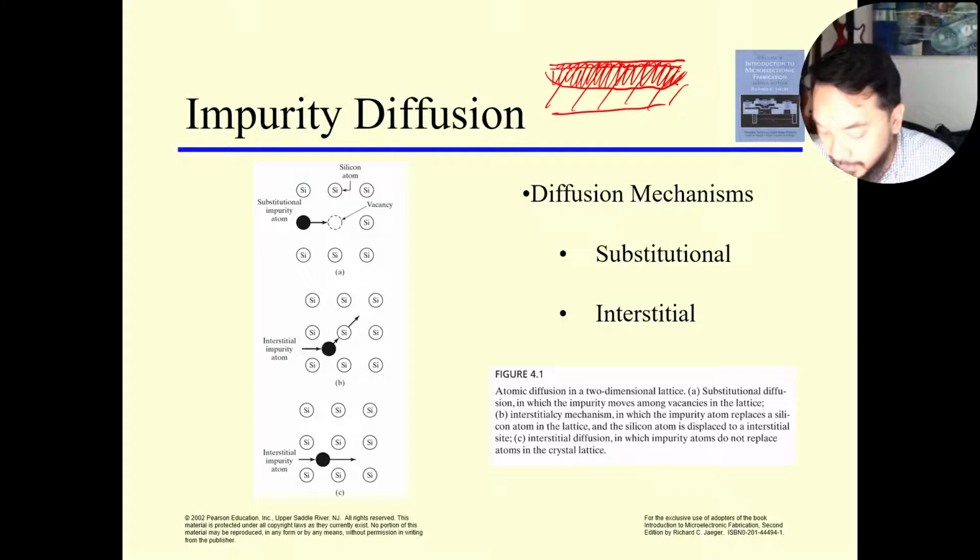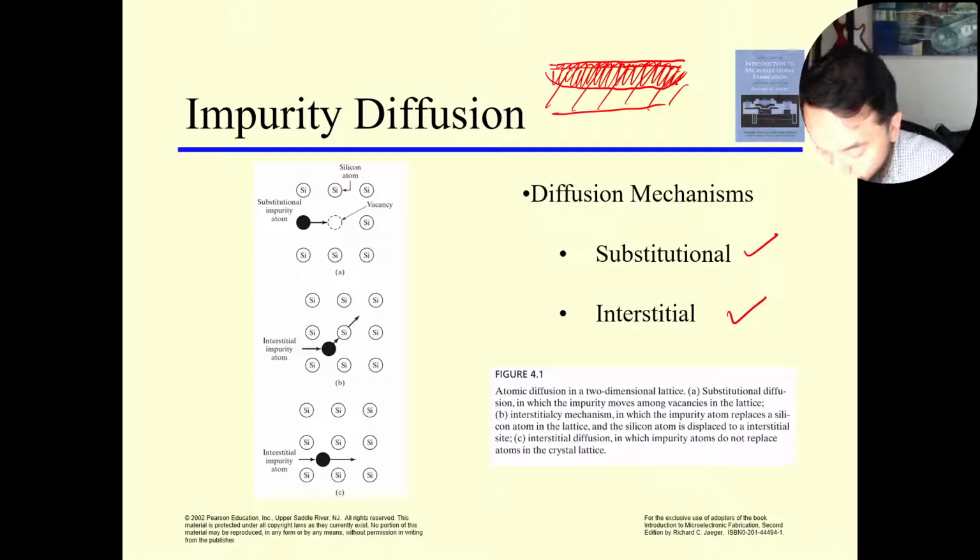This can happen based on either substitutional or interstitial mechanisms. Now remember the concept of point defect. A point defect is a defect in the lattice structure of your crystal at one particular lattice site. So diffusion can happen based on substitutional.